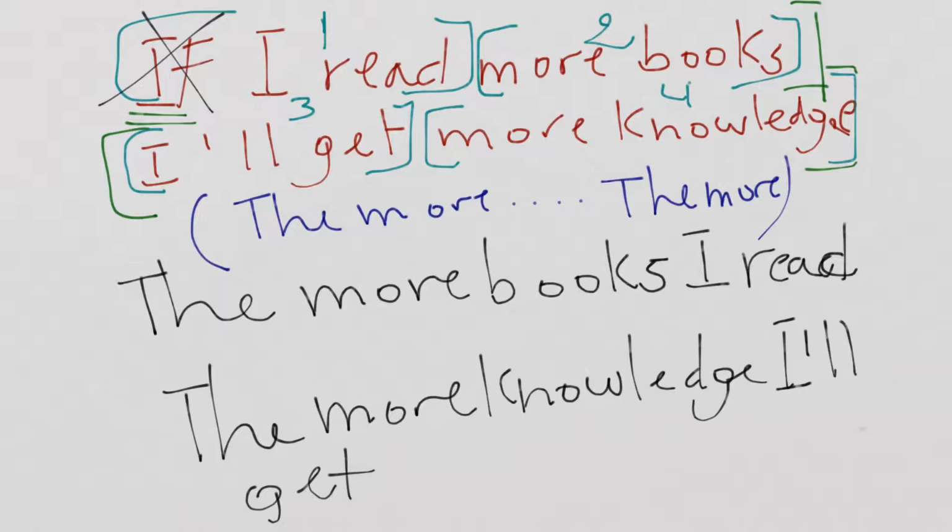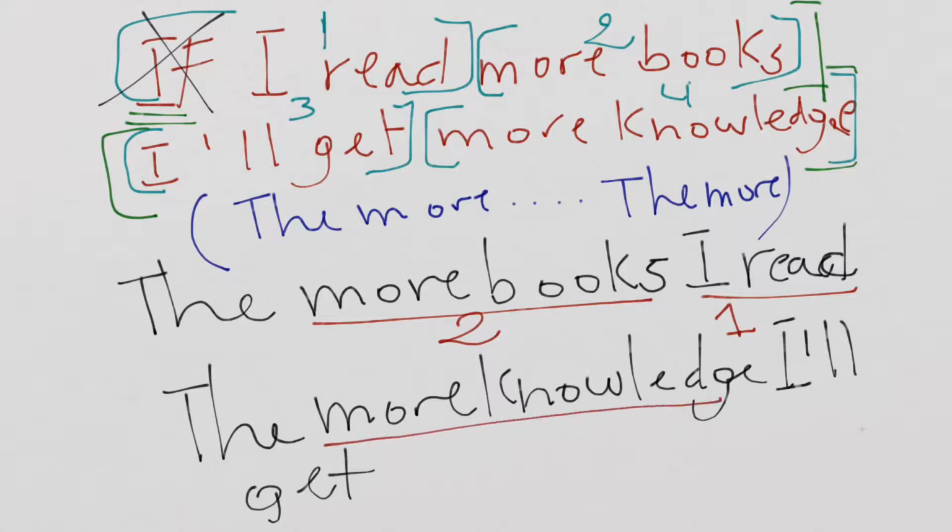Again, I'm going just to write the numbers so that it becomes clearer for you. See, the more books is part number 2. I read, originally, it is the first part. The more knowledge is part number 4. I will get is part number 3.